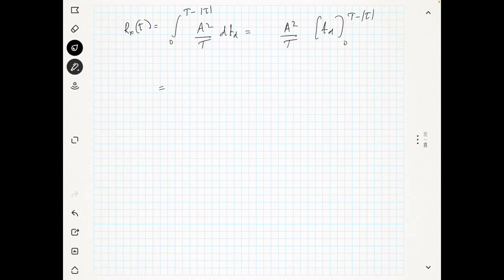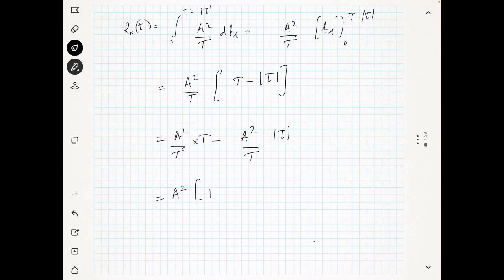So this is equal to A square by T into T minus magnitude of tau. So this is equal to A square by T into T minus A square by T into tau. So this is equal to A square into 1 minus tau by T.